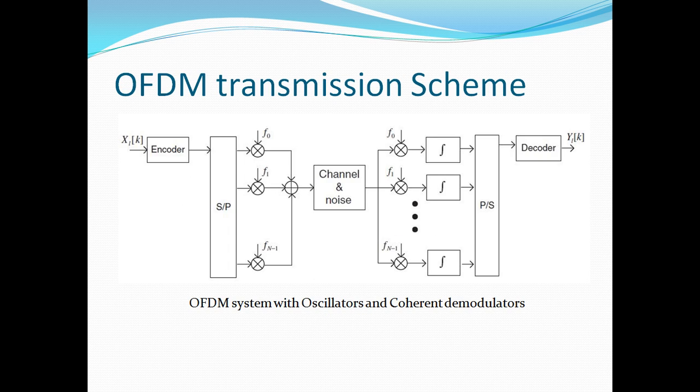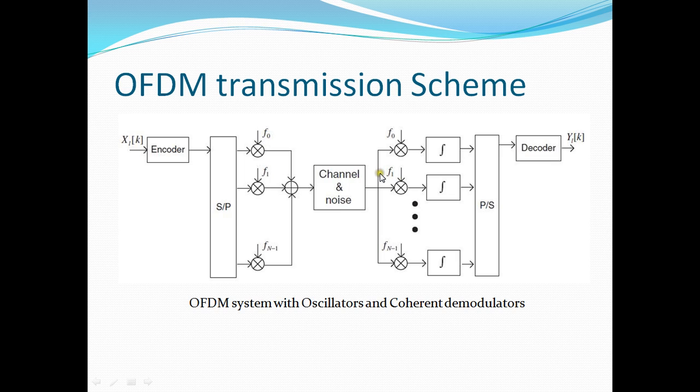This block diagram shows the conventional OFDM transmission system implemented with oscillators and coherent demodulators. The sequential data is fed to the encoder, and after it is encoded, it is given to the serial to parallel converter, which converts the serial data into parallel code words, where each code word is multiplied by an orthogonal frequency, which are combined and sent over the channel.